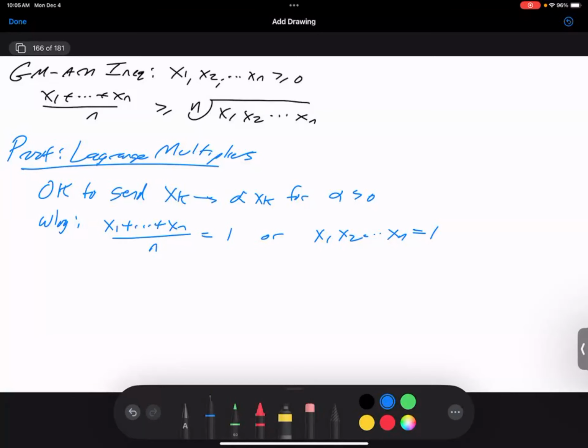Now, when we do Lagrange multipliers, it's extremely important that we have a compact set. How many people here have taken real analysis? Okay, not that many.